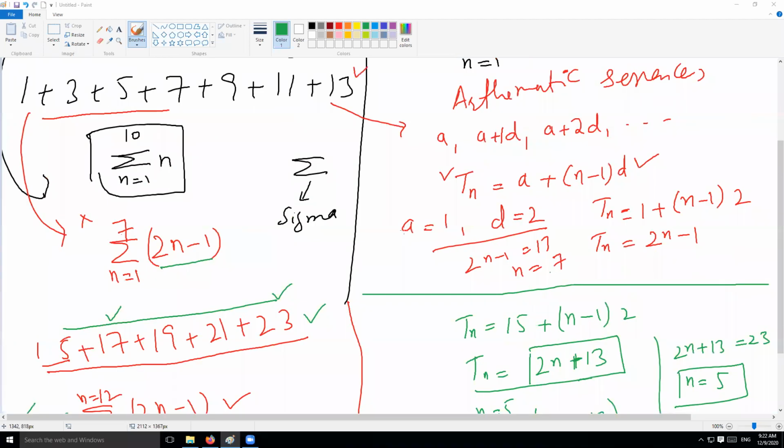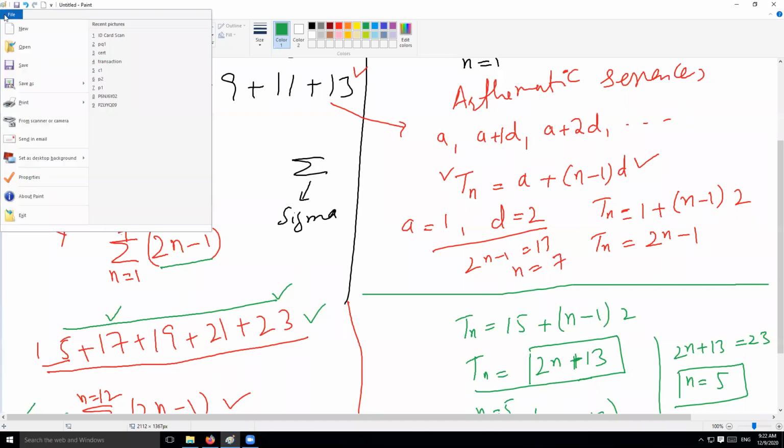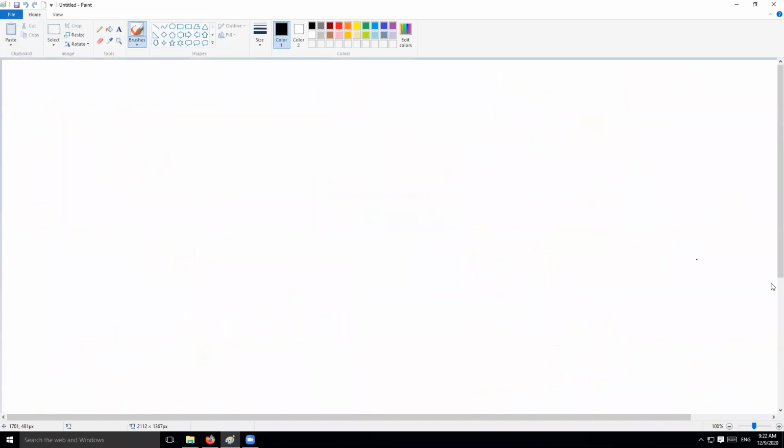And how about going the other way around? For example, if I say I have a sum that starts from n equal to 1 and goes up to 13, and the sum goes like this: 4n plus 3.